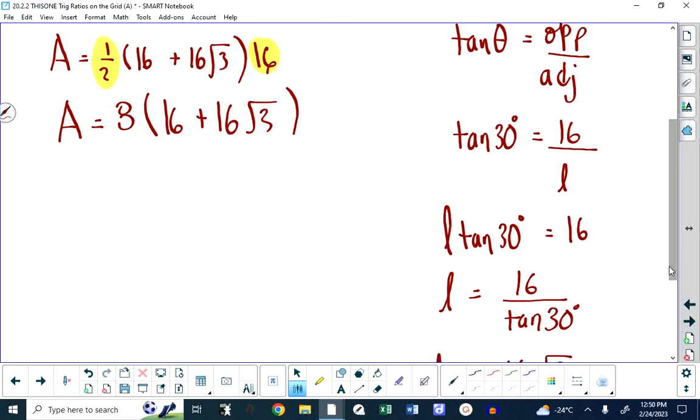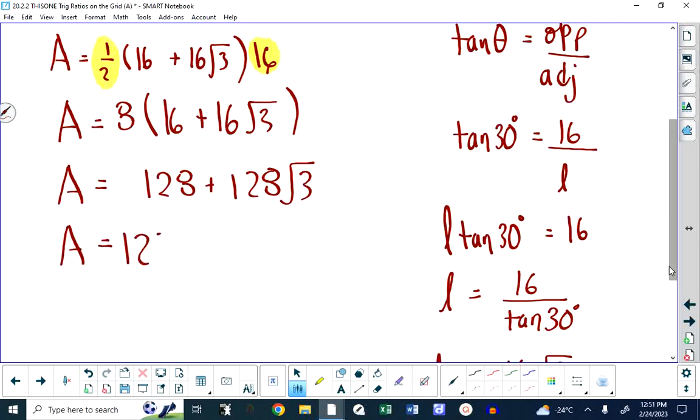One of the things I could do is I could multiply that 8 through, is that 124? 128? Okay, so I could multiply the 128, the 8 through, and get 128 plus 128 root 3. Or I could factor the whole 128 out and just write 128 times 1 plus root 3. But that's the exact value of the area. Is that okay? All right.